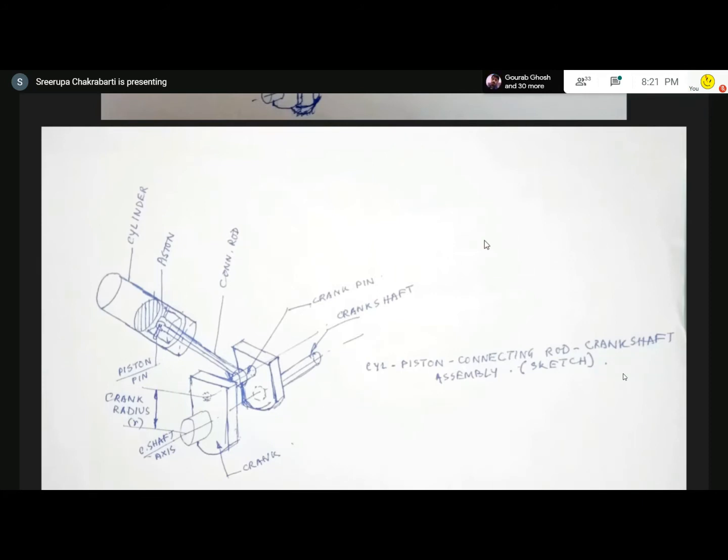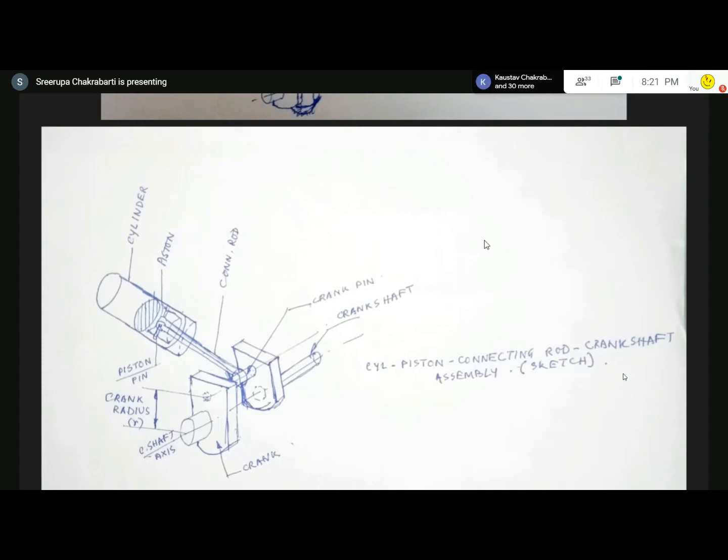So it starts from a particular position in the cylinder and pushes up to a final point. Corresponding to that, there is a movement of the connecting rod.